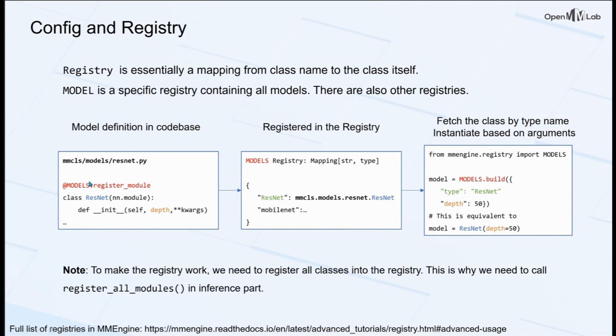When you import this module, the ResNet class will be added to the registry, just like this, with the key ResNet mapped to the actual ResNet class. If you specify ResNet as the type in the config file, the registry will look up this name, get the actual class, and finally build the module like this.